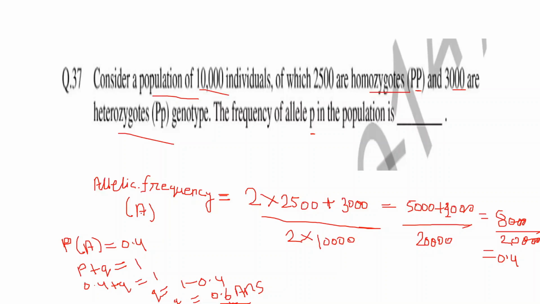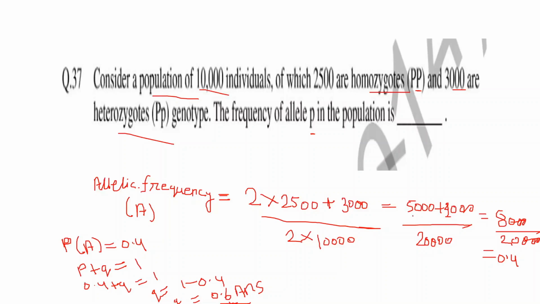If it is asked for the recessive allele, first identify the allelic frequency for the dominant allele. Here it is asking about the recessive allele, so we first identify the dominant allele: 2 into 2500, according to the formula, 2 into the total number of homozygous dominant plus the number of heterozygous, divided by 2 into the total population size.